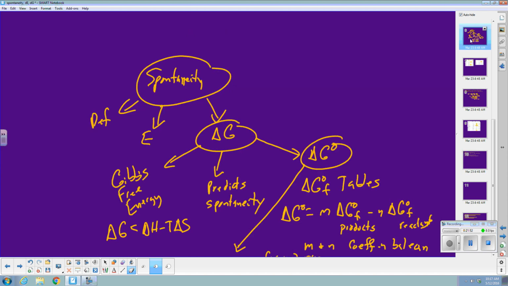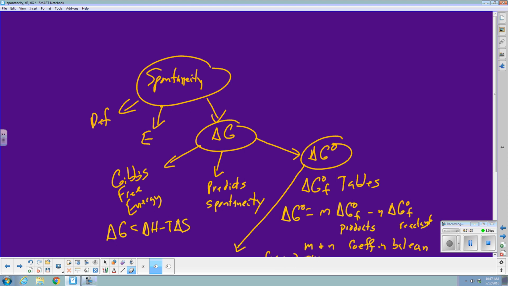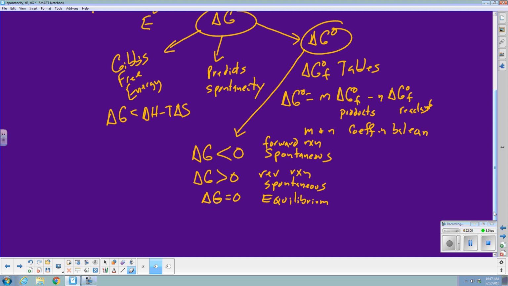So we were talking about spontaneity, and there is a relationship between E prime and delta G prime. And it is a simple one.